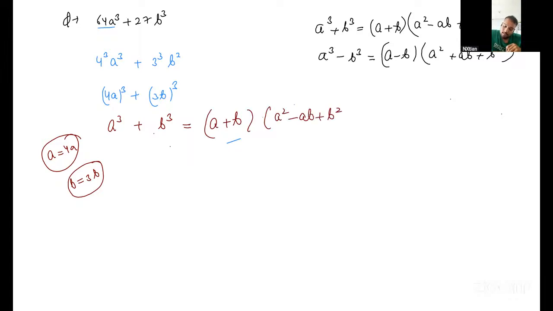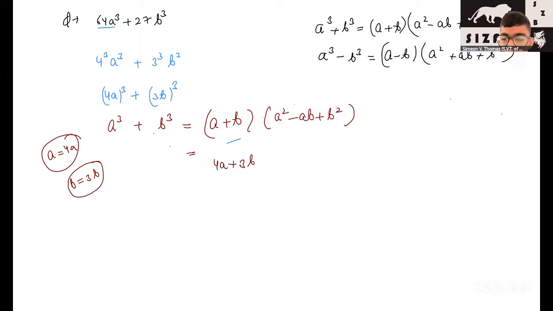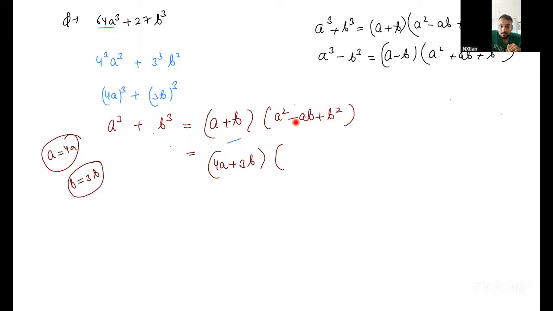And just simply write the values into this, like A is equal to 4A plus 3B. But why is it minus AB? Shouldn't it be plus AB? If you solve this identity, yeah, it's an identity. And Simeon, if you solve this, then you will get A cube plus B cube.